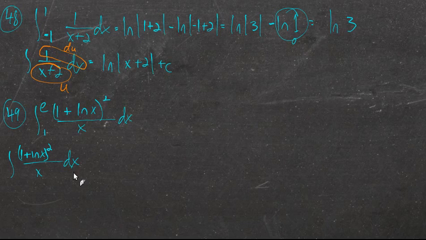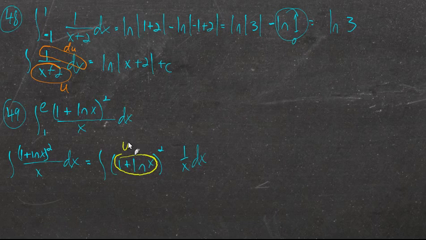So if we rewrite it, we can have 1 plus the natural log of x, squared, times 1 over x dx. Now if we look at this, this could be u, which makes this whole thing u squared, right?